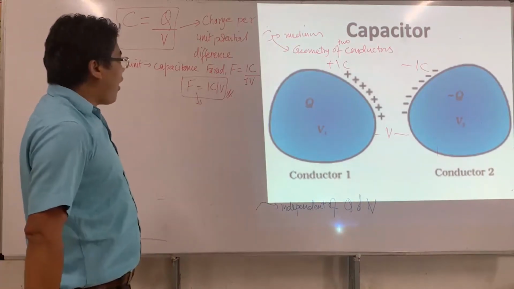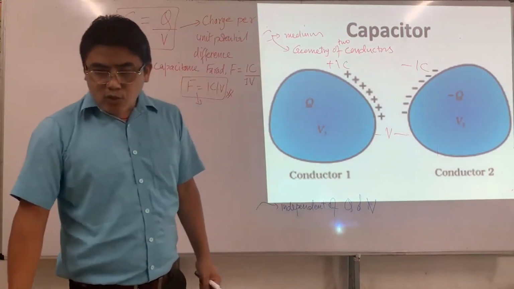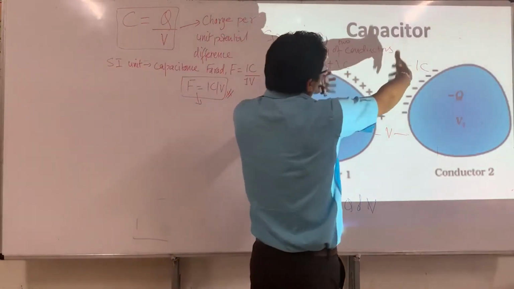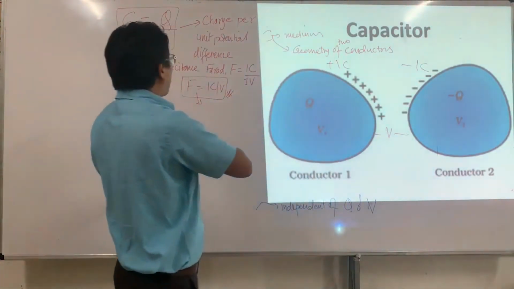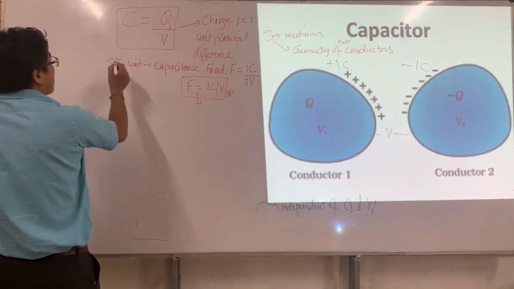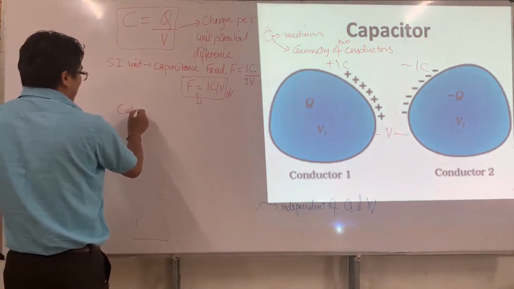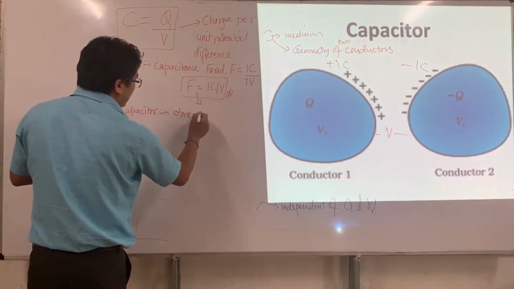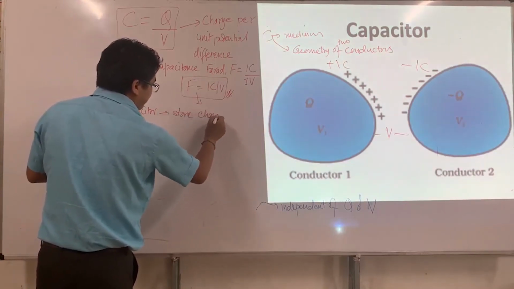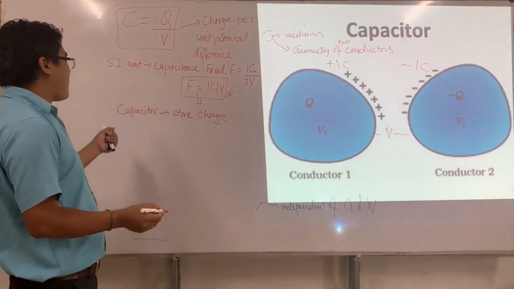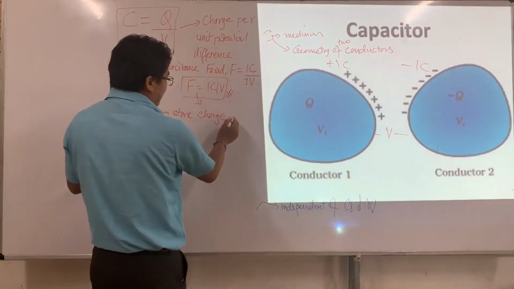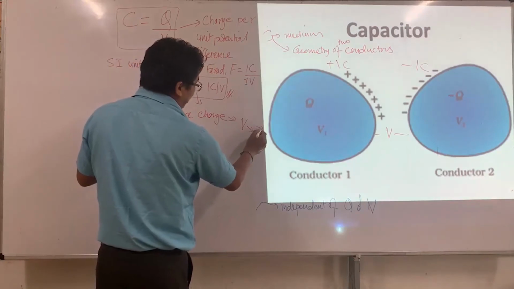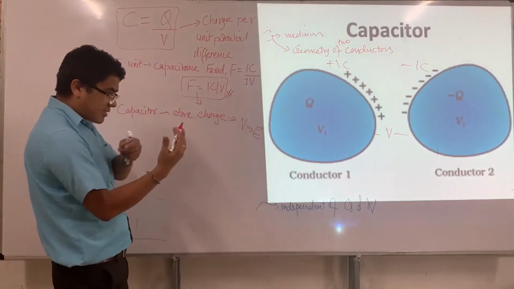Now again, the question is how much charge we can put on. When we talk about capacitors, what a capacitor does is store charge. Once the capacitor stores a charge, there will be a potential difference and an electric field in that space.